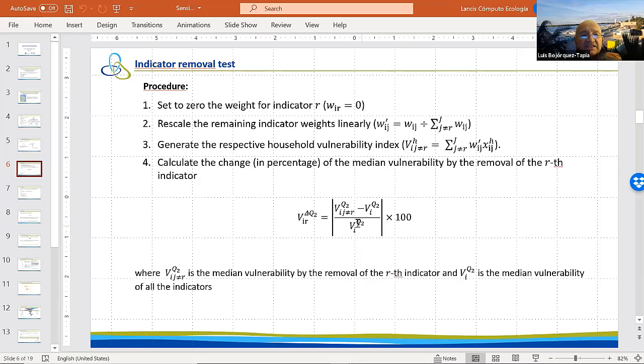The interesting thing is that the rank reversals we measured were compared with the median value of vulnerability for all the households. Our alternatives were the households, but it is not of our interest to see if one specific household was changing rank with respect to other households, but rather the overall assessment.